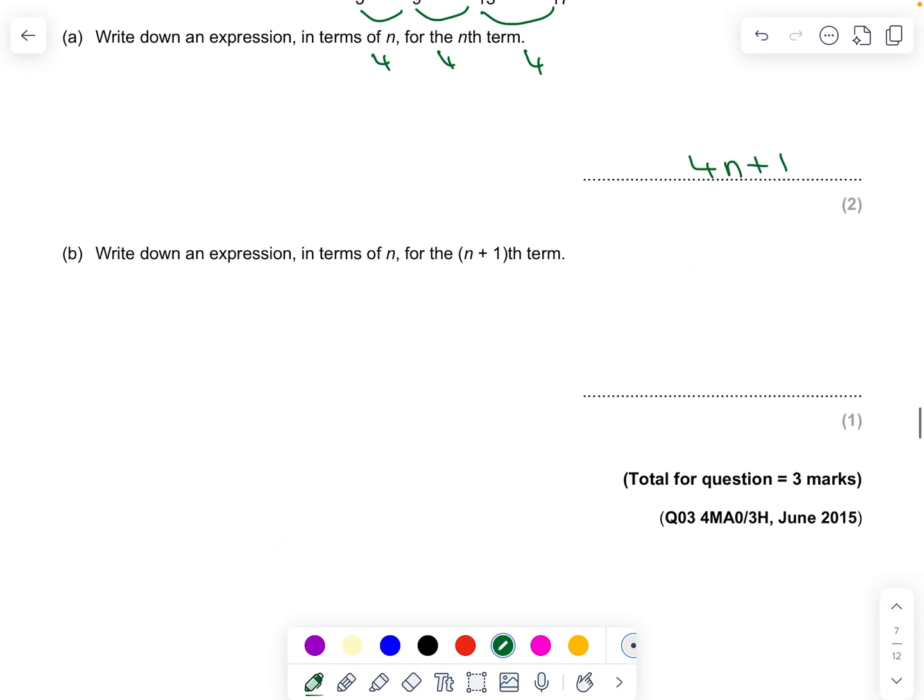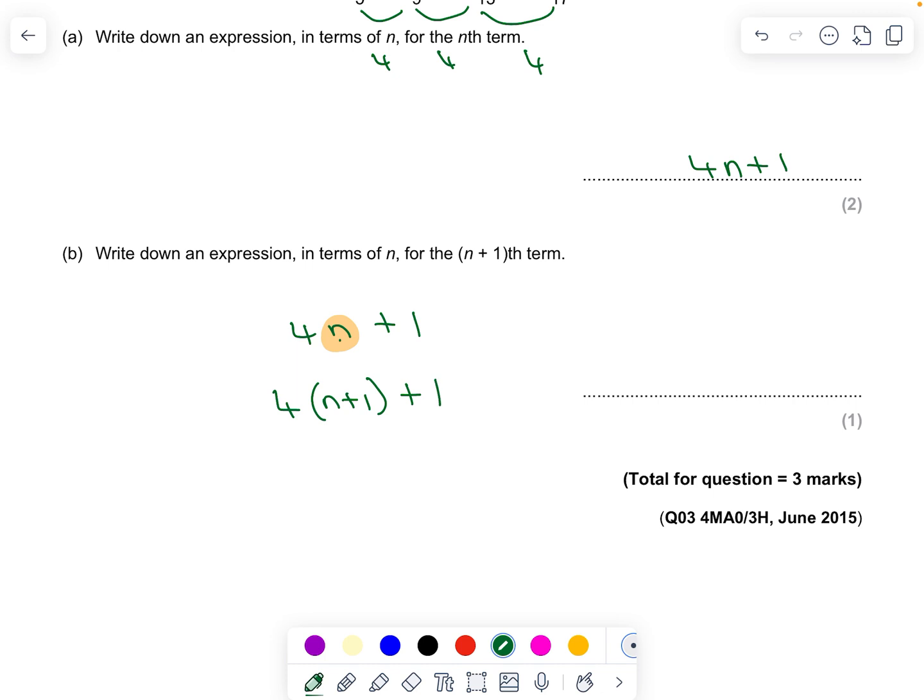So 4n plus 1. Next one, it says write down the n plus 1th term. So if you take what you've written, the 4n plus 1, replace n with n plus 1. And actually, you got full marks, so 1 mark if you just wrote 4, and then instead of n, I'm going to write n plus 1, and then plus 1.